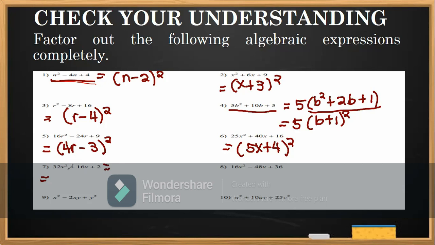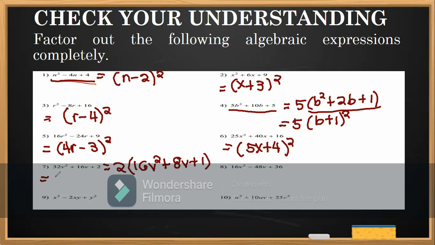In this case, the GCF between 32, 16, and 2 is 2, multiplied by 16b squared plus 8b plus 1.